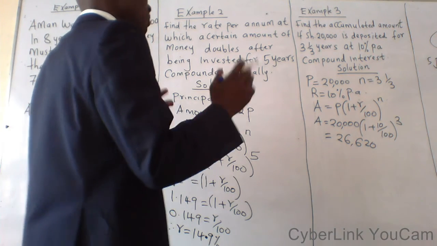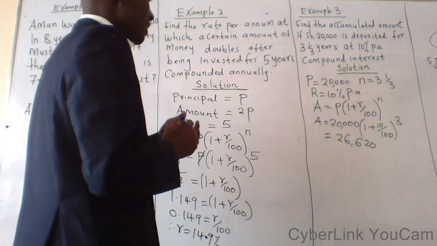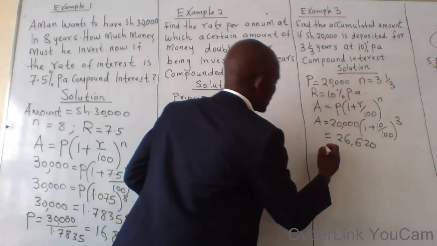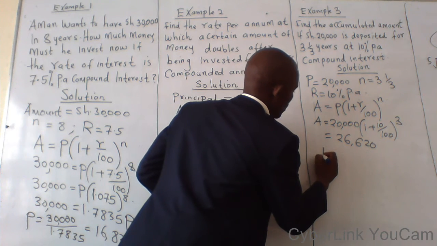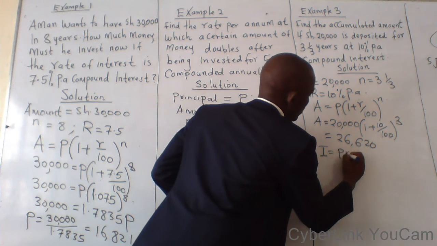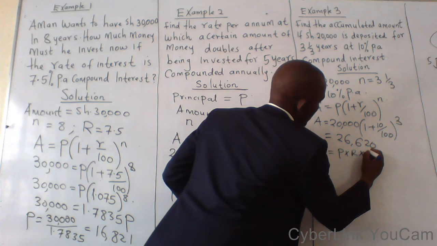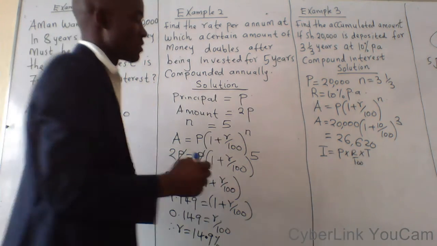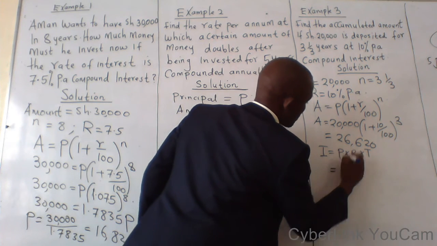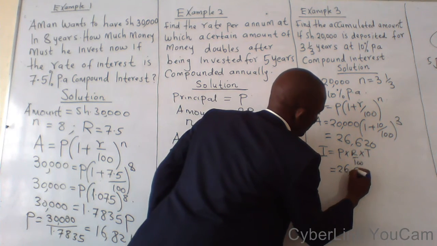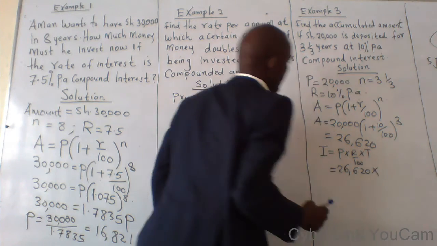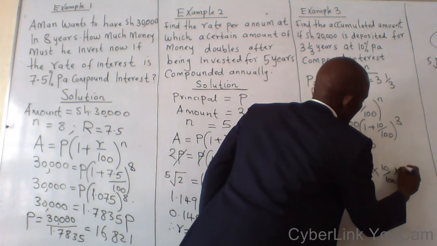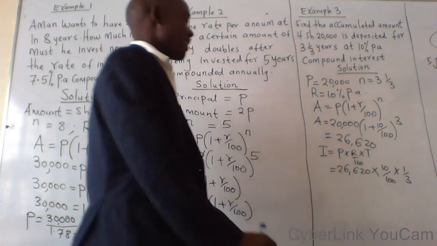Now, we want to get the amount of money that will accumulate for a third of that year. So it means we will use simple interest. Remember, we know interest is equal to principal times rate over 100 times time. That is what we will be using. Then the principal becomes 26,620 times the rate, which is 10 over 100, times a third of that year.